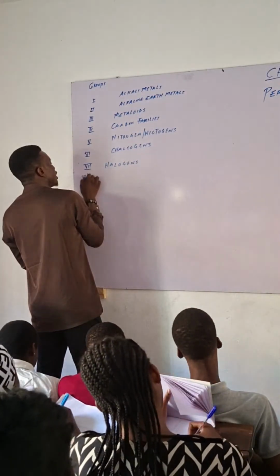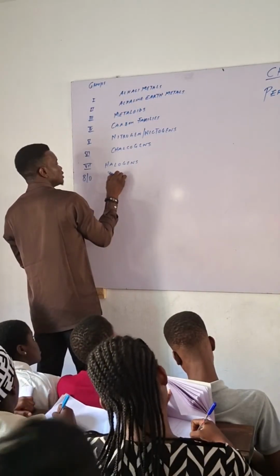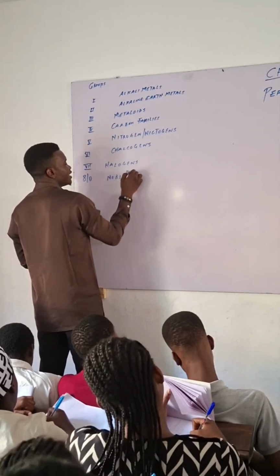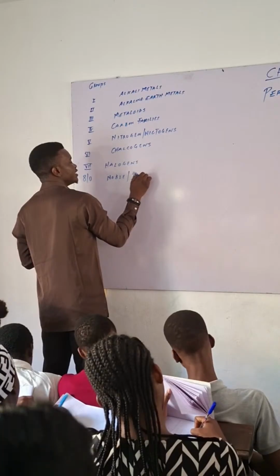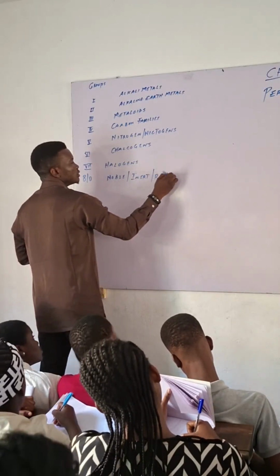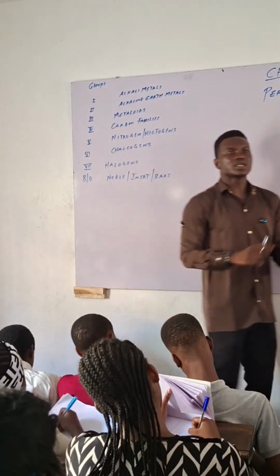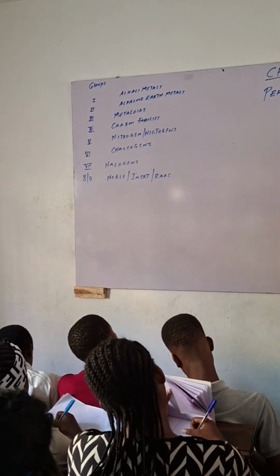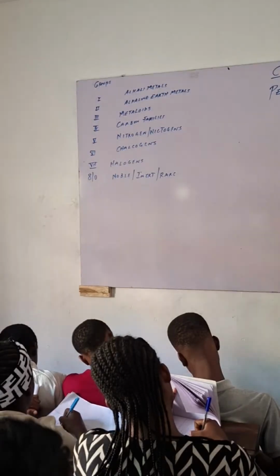Group 8 are called inert gases, rare gases, or noble gases.